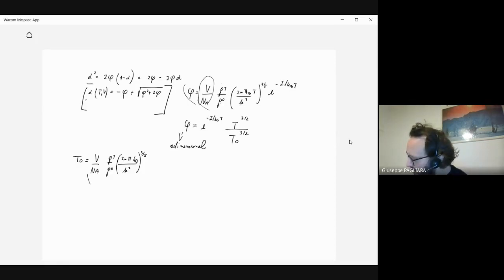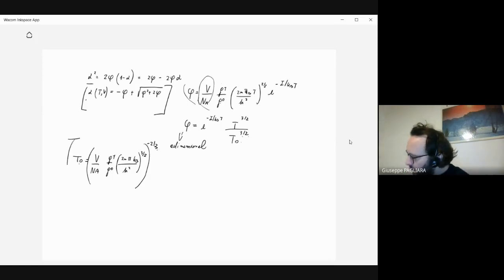And of course, in order to have the dimensions correctly, this is to the power of minus 2/3, okay? In such a way that once you introduce T0 here, you multiply 3/2 times minus 2/3, you get a minus 1, and therefore you get the right prefactor. Okay.